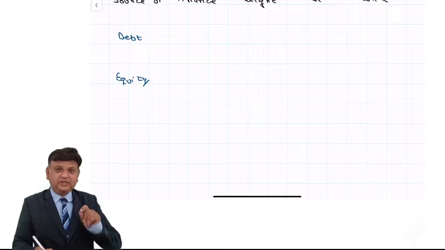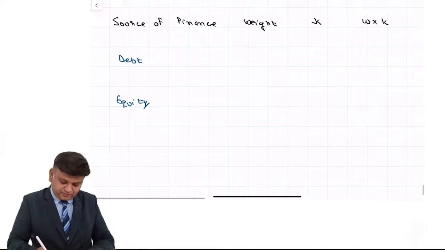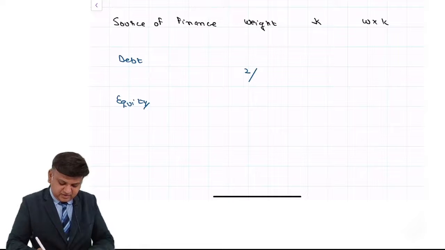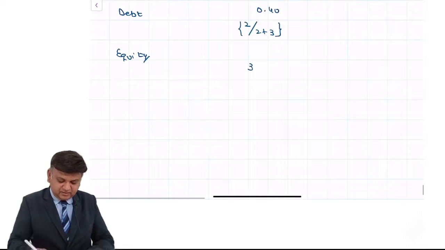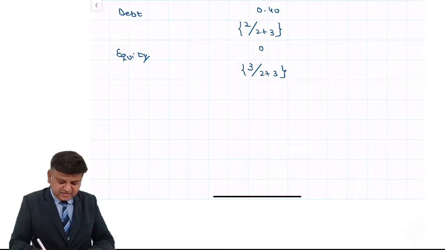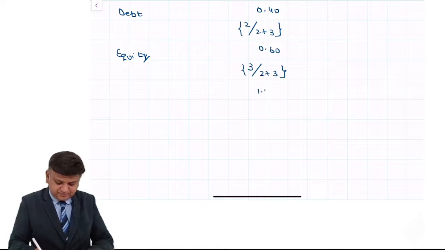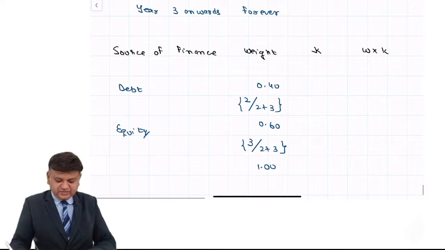It has been given it is 2:3. So 2 divided by 2 plus 3, that comes to 0.4, and 3 divided by again 2 plus 3, that comes to 0.6. So the total will be obviously 1.